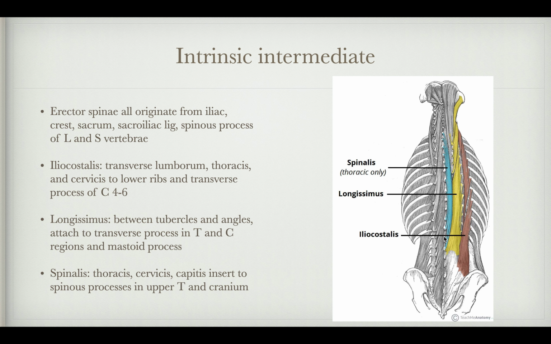Finally, the most medial is the spinalis, which is only really well-defined in the thoracic region, and it also extends a little bit into the cervical region, and a bit of it will insert into the spinous processes in the upper thoracic and the cranium.